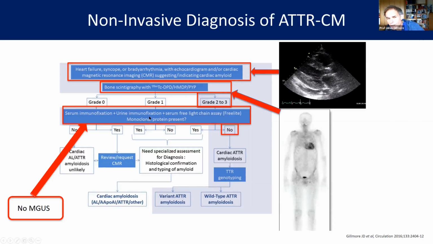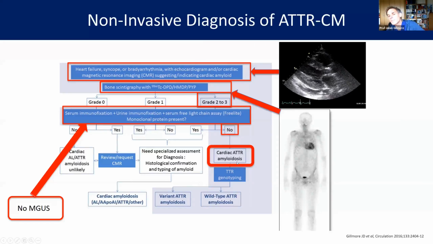If you don't have evidence of a monoclonal protein, then on that basis, you can make a diagnosis of cardiac ATTR amyloidosis. So just to recap: an echocardiogram with thick heart walls, a bone scan showing grade 2 or 3 uptake, and then blood and urine tests showing no evidence of a monoclonal protein in the blood or urine, you can make a diagnosis of cardiac ATTR amyloidosis in a patient with heart failure, I should say.